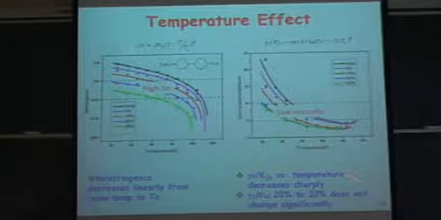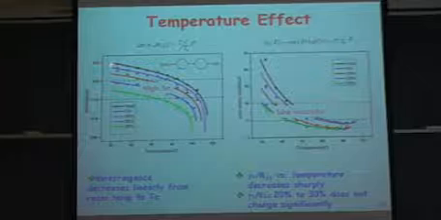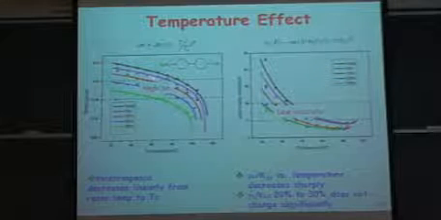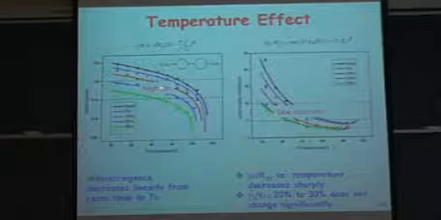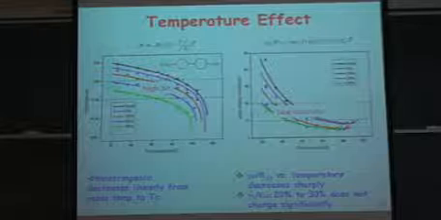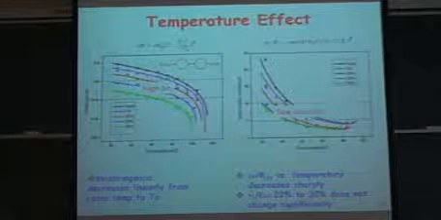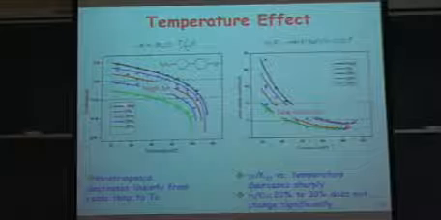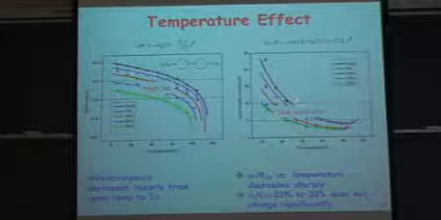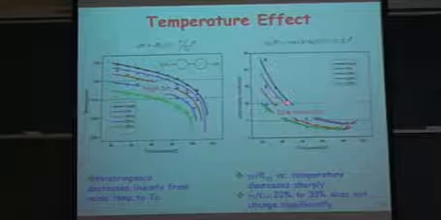This is the measurement. This black line is the host, then 5%, 10%, 20%, 30%. We can see the birefringence changes almost linearly as concentration increases. We measure experimentally and fit with the equation. And this one is the viscoelastic constant.